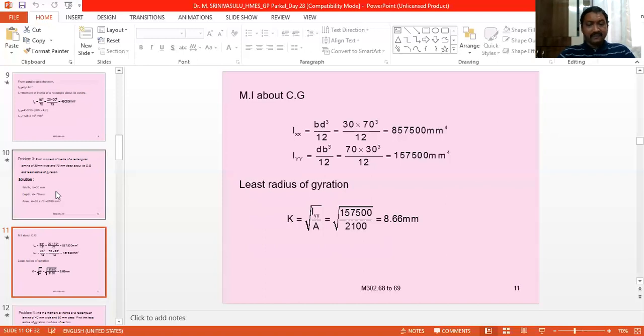If you find kx also, you may get a higher value, but that is not required. We are supposed to mention the least radius of gyration. Therefore, the least value of radius of gyration is 8.66 millimeters, that is kyy is equal to 8.66 millimeters. So this is the answer.